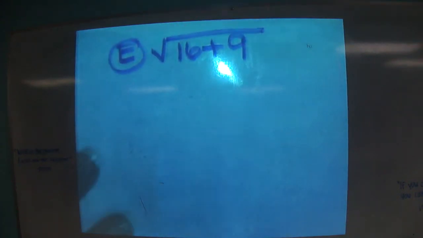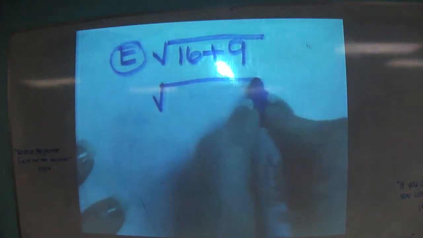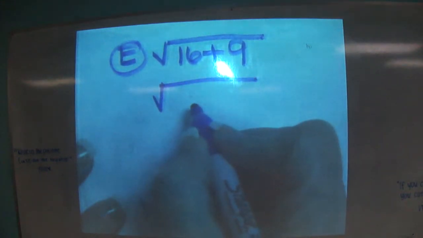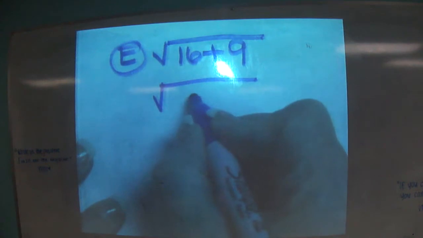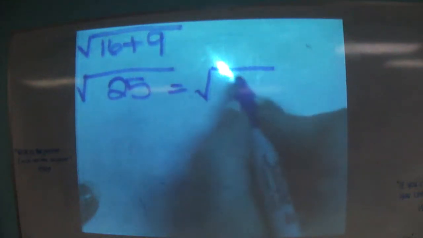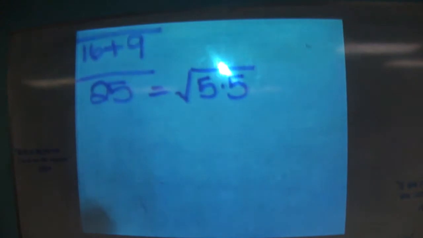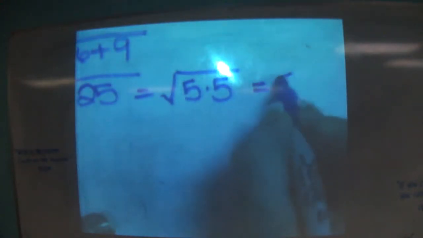What do you do first? You add. You have to do what's inside. What's 16 plus 9? 25, which would be 5 times 5. Do they get out of jail? Yes, and it equals 5.